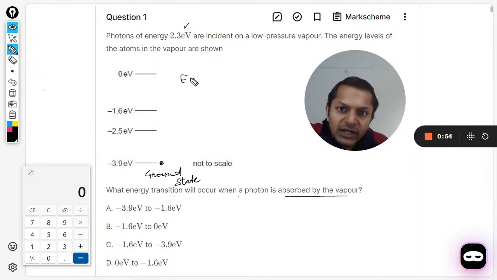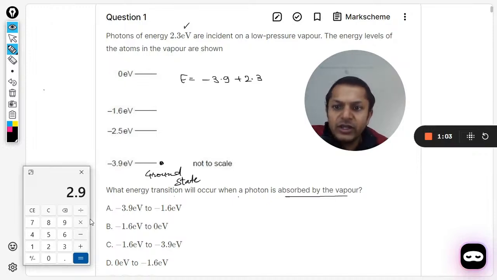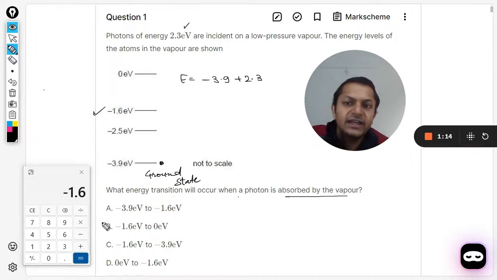So what is the total energy now? Negative 3.9 plus 2.3. So I can say 2.3 minus 3.9. The calculator is in front of me. 2.3 minus 3.9, and the answer is negative 1.6. So clearly it is going to this level.